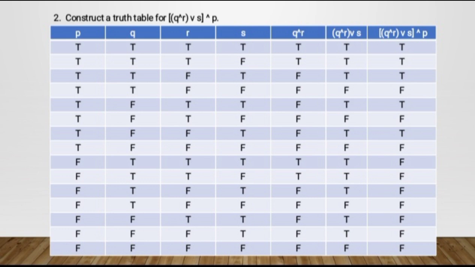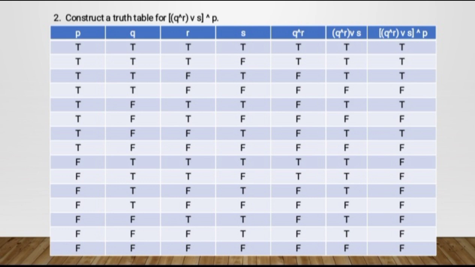Number 2, construct a truth table for Q and R or S and P. The last column of P is true, the last column of Q is true, the last column of R is true, and the last column of S is false.